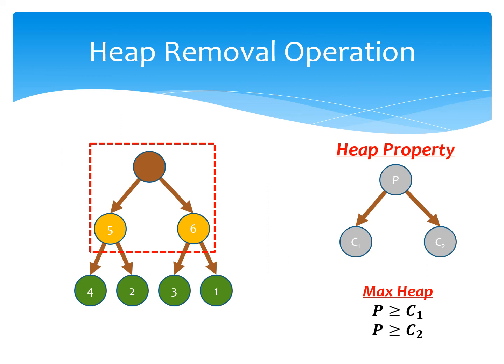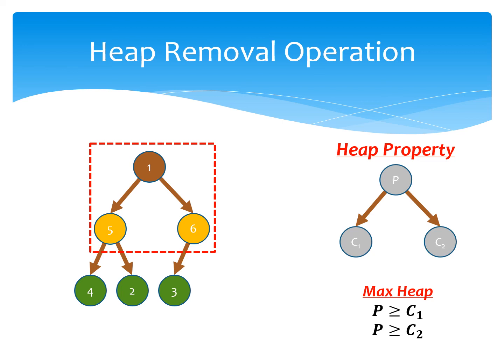Therefore, to maintain the heap structure, we move the last leaf node, which is the node with the value 1, to the root. As you can see, the root node becomes 1, which violates the heap property of the max heap. For this reason, we need to promote the largest child node to the parent node.